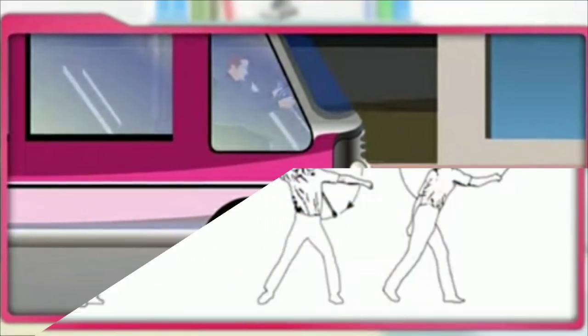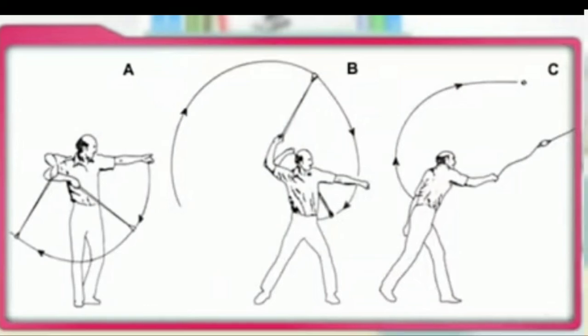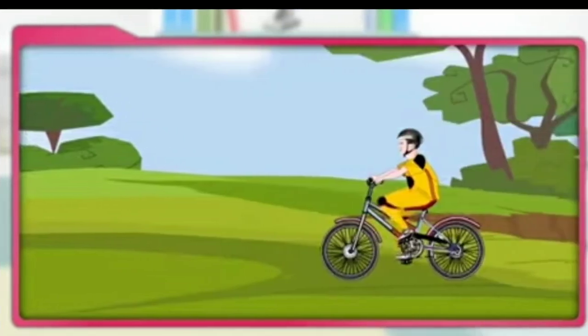For example, children, the motion of a stone in a sling, as you can observe here on your screen, or else that of any point on a bicycle wheel when they are in uniform motion. So, the motion of a bicycle wheel is said to have uniform circular motion. I hope children you understood this.